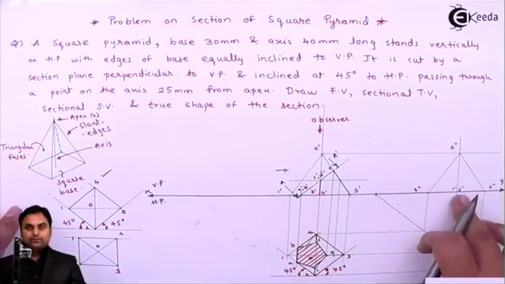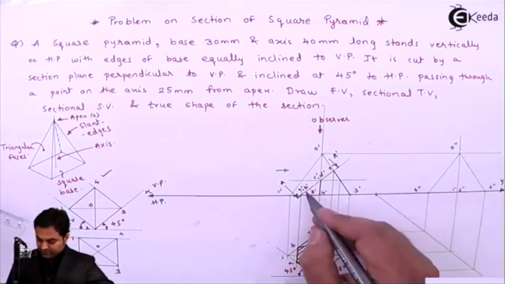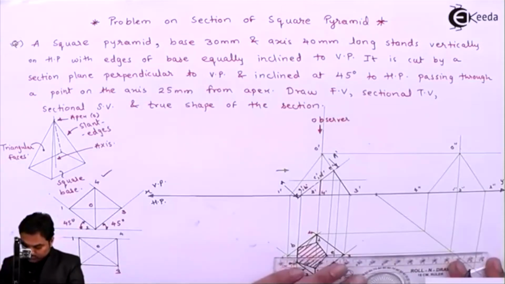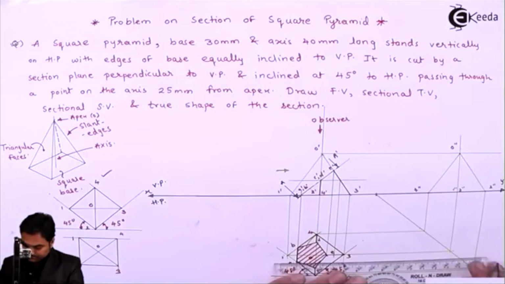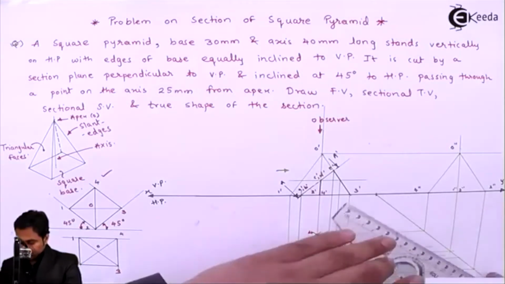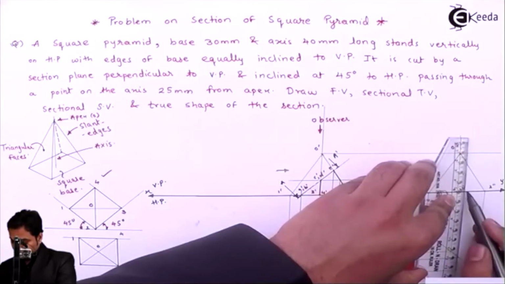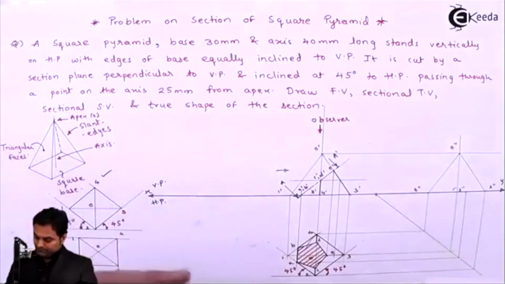Now I need to project the points on this side view. So starting with points A and B, point A is on edge 1 to 2, so projecting it light from the top view. I'll bring it on this edge 1 to 2.